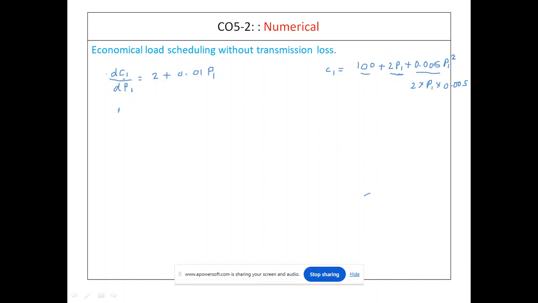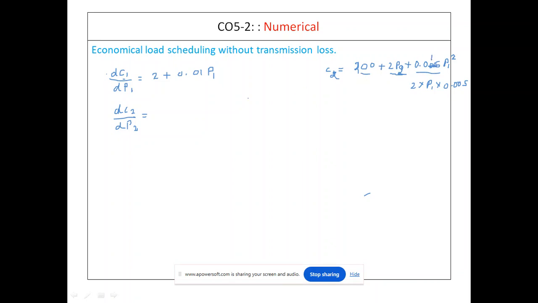Now find the incremental cost for the second plant by differentiating the second cost function. C2 is already given: 200, 2 P2, and 0.01 P2 square.